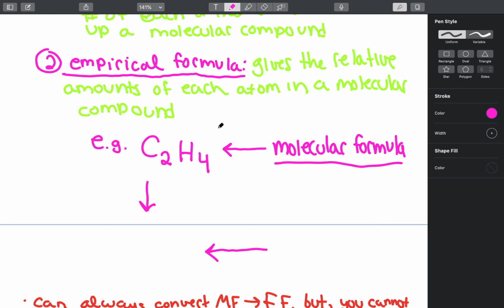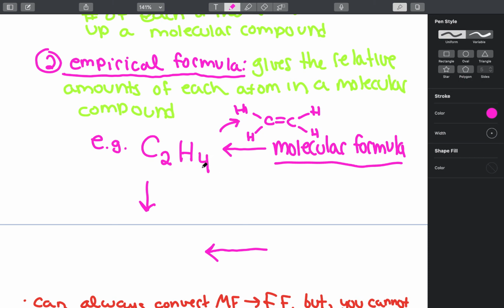And this actually corresponds to ethene, so it's going to have this structure. And we'll learn how to draw these later on. So this is telling us the exact amount of atoms in this particular formula. So that's the molecular formula.